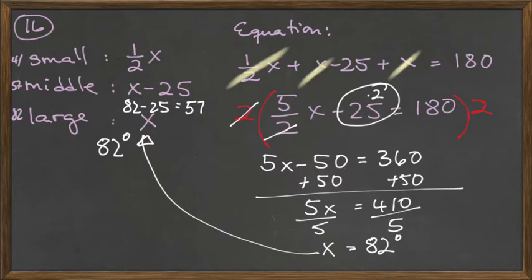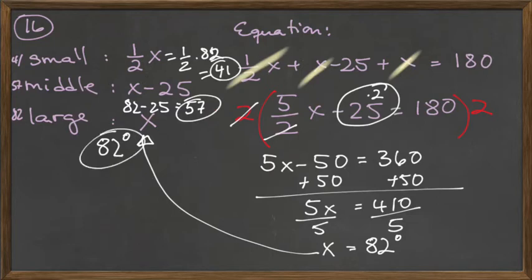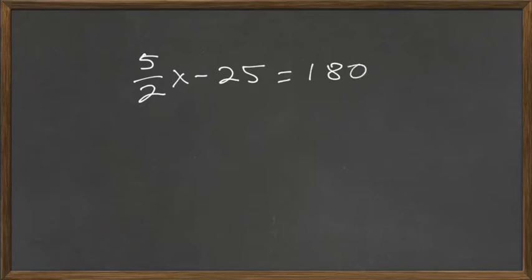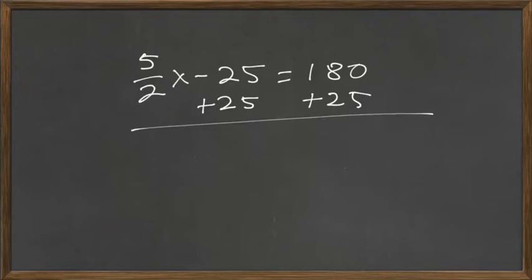So that's 57, and 1/2 times 82 indeed is 41. So here you go. These are my 3 angles. If you would have, let's just say you didn't multiply by 2. Let me just show you. You had 5/2 x minus 25 equals 180. So you add the 25. 5/2 x equals what? 205.